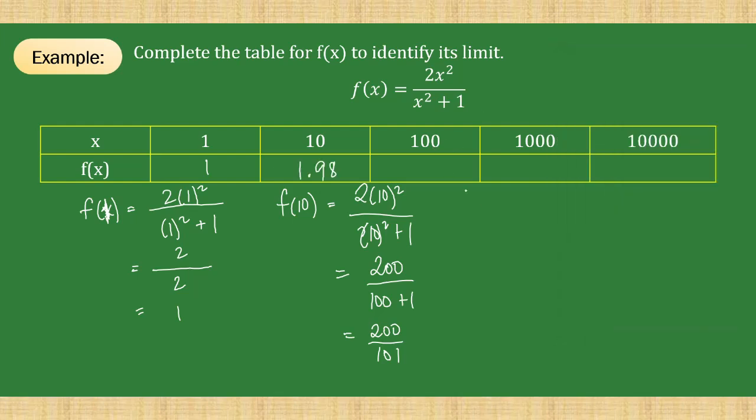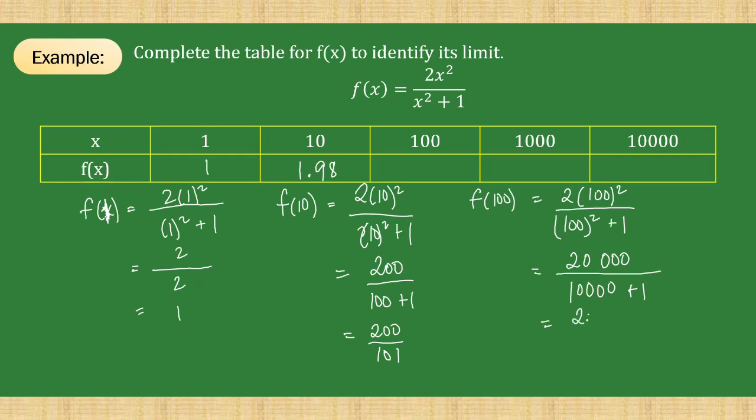And let's do the same for 100. This is 2 times 100 squared all over 100 squared plus 1. 100 squared is 10,000 times 2. We have 20,000. And then this is 10,000 plus 1.